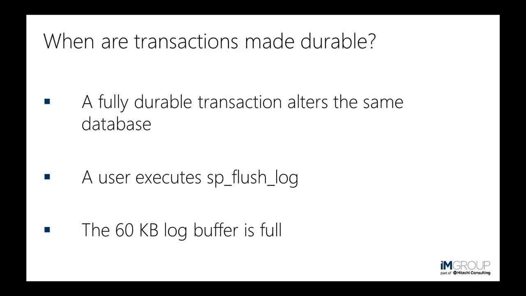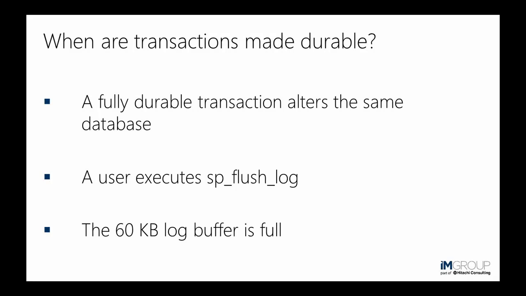This scenario would only arise when we have our database level setting of delayed durability equals allowed. And what would happen is we execute a transaction with delayed durability, and then another process, or maybe the same process, comes along and executes a second transaction that is fully durable. And that causes the buffer to be flushed to disk.